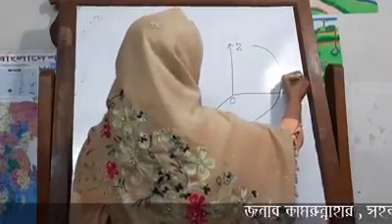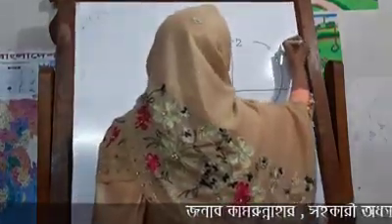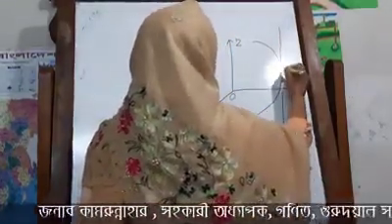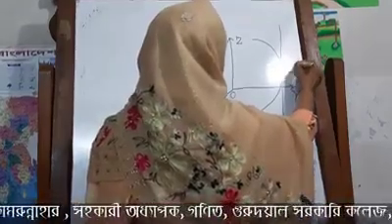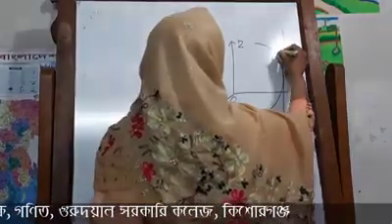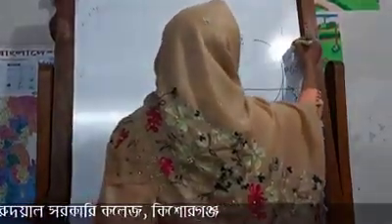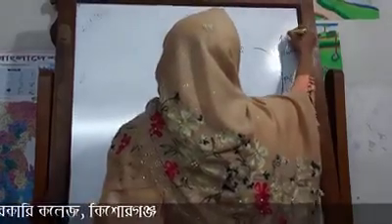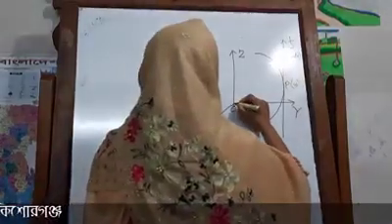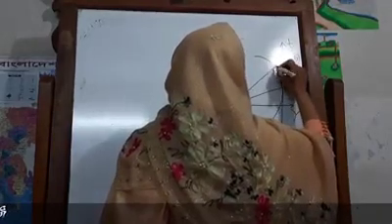Here, P is a point, and Q is a neighboring point, u plus δu. We join OP, OQ and PQ.